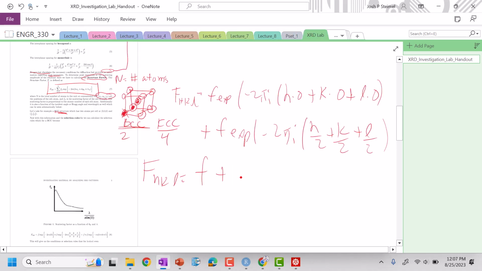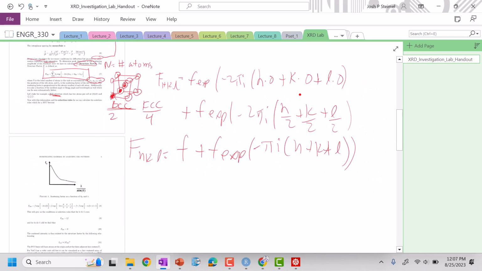So now we have f plus f exponential of minus pi I times h plus k plus L. So let's start to think about some values we can plug in. Let's start off with, what if I have a plane like 1, 0, 1.